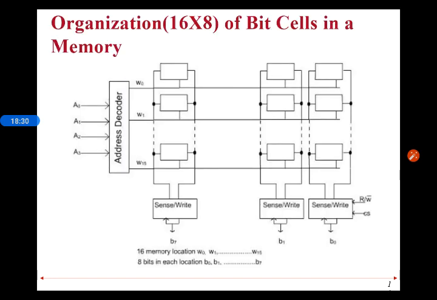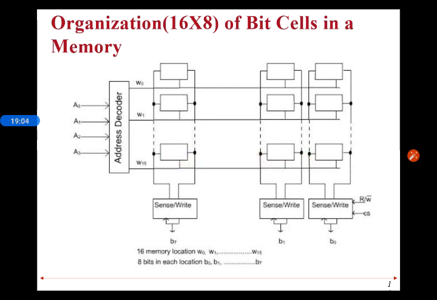So this diagram will show you the details. It's actually a 16 by 8 organization. Why is it called 16 by 8? Because you can see 16 rows. This is one row, or word W0, the second row, and this is the last row.